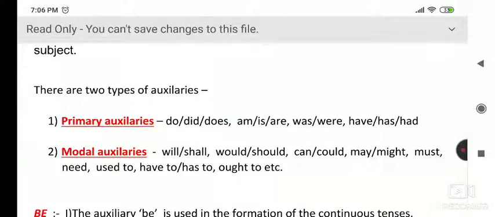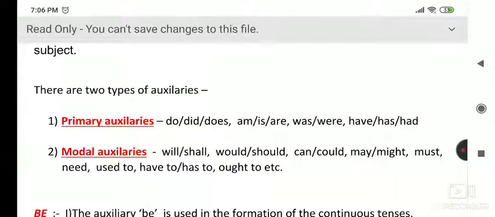First are the primary auxiliaries, that is the main verbs do, did, does, am, is, are, was, were, have, has, had. Secondly, there are modal auxiliaries.